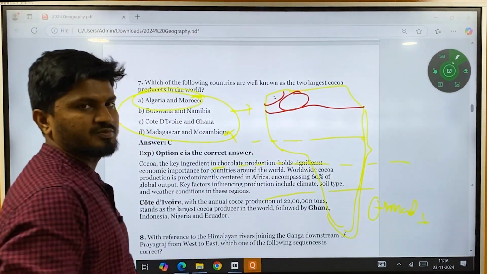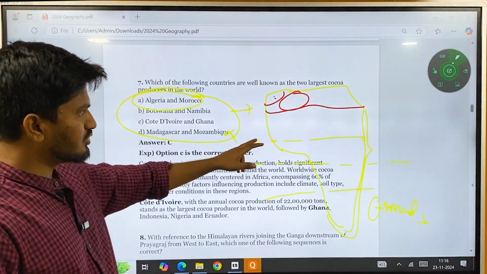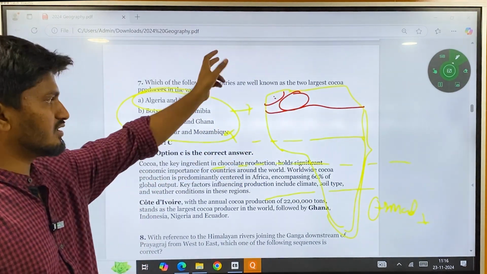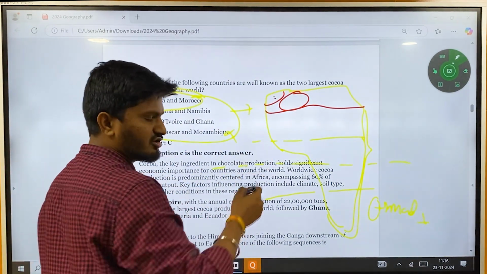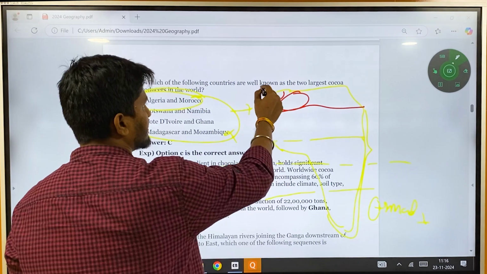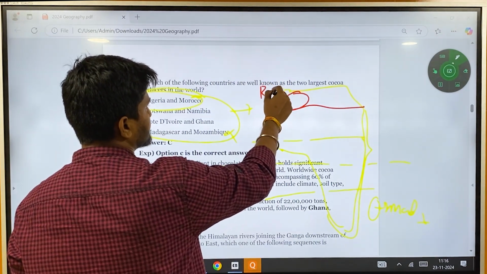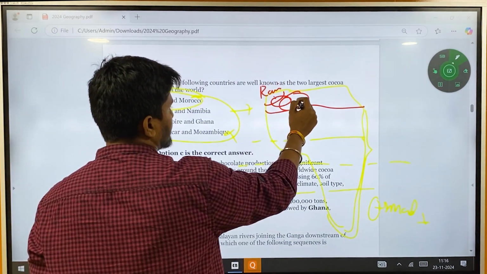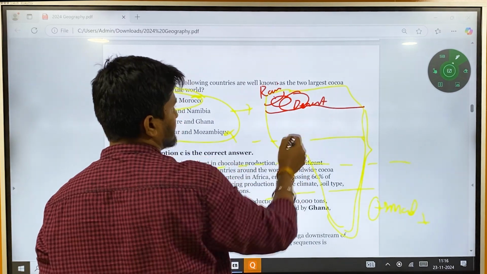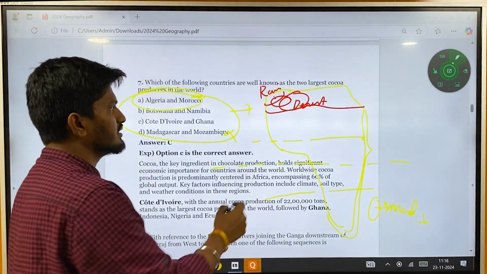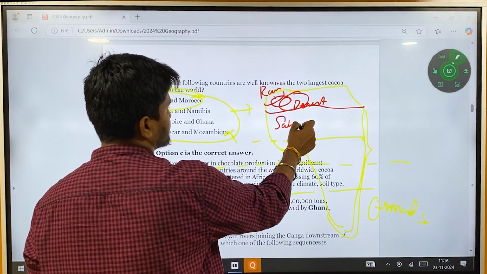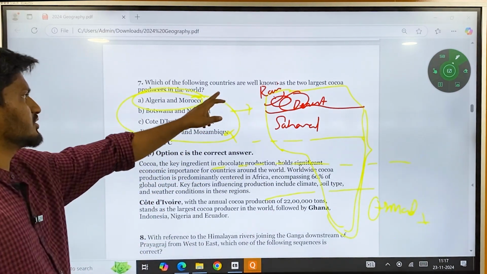Do they come under the tropical region? No, they are actually not in this region. Even though they are near the tropical region, they do not have the required rainfall and other things. They are mostly desert kind of states. They belong to the Sahara region and Sahel region. So this option also you can remove.